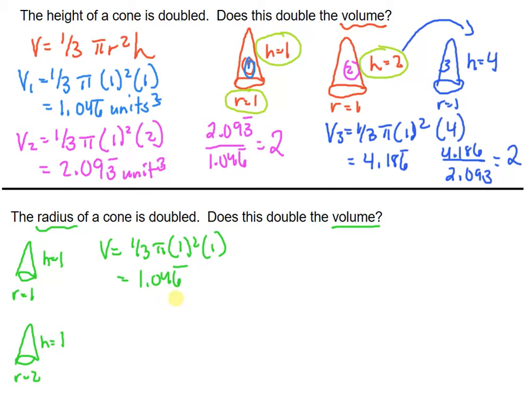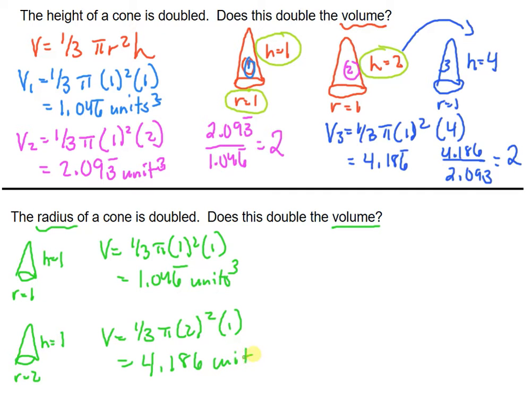Okay, and then for the second one, volume equals 1/3 pi r squared, which is 2 squared, h. 1 divided by 3 times 3.14 times 2 times 2. This time, 4.186. Okay, and that's units cubed.